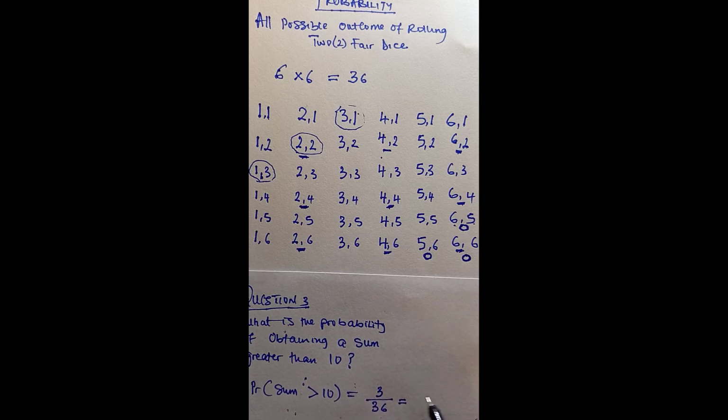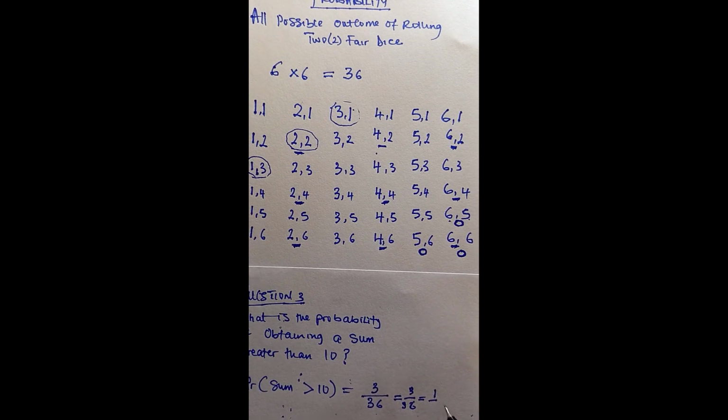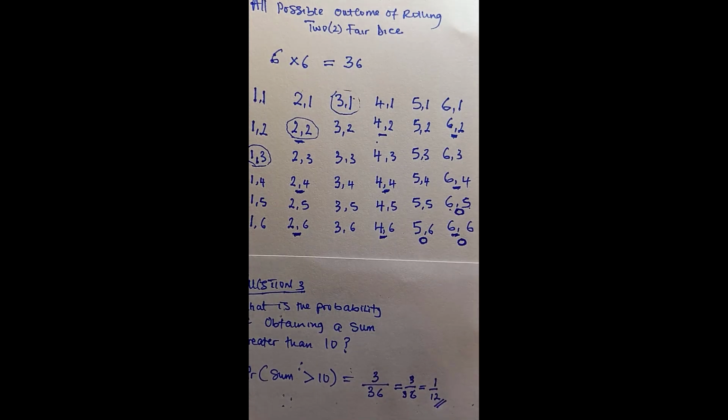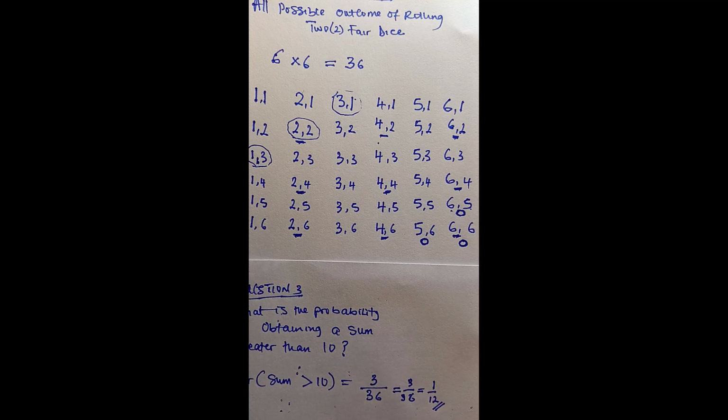So we have 3 all over 36, and this gives us 1 all over 12. So the probability of obtaining a sum greater than 10 is 1 all over 12.